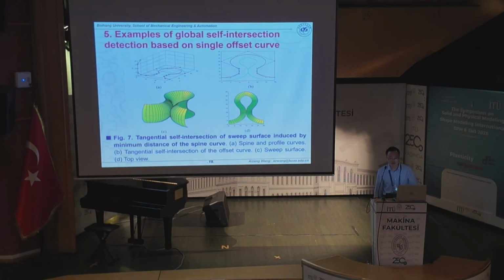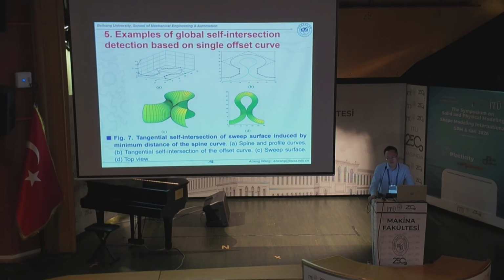This example shows the robustness of our algorithm in handling critical global self-intersection in a spatial surface, which is caused by the minimum distance of the span. Figure A shows the span in the profile curve, where the span curve has a pair of minimum distance faults.